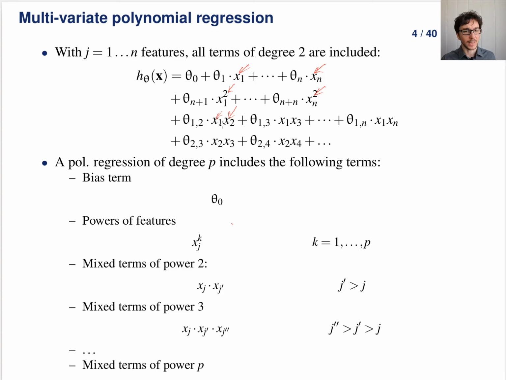Here we are looking at the quadratic model, so we have all the combinations of two variables. But if we had, for example, a cubic model, we would have to include all the combinations of 2 variables and also of 3 variables. So you see that already with a small degree, your model starts to become very complex, in particular if you have a multivariate polynomial regression.